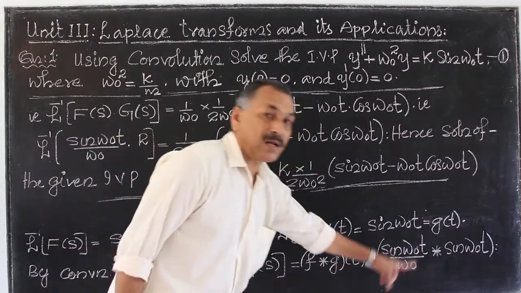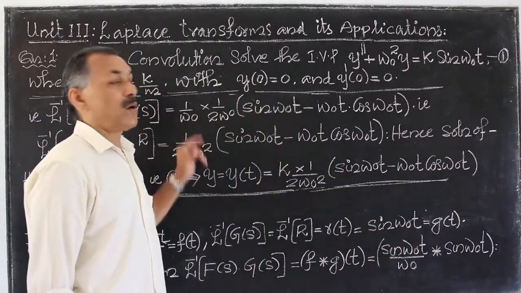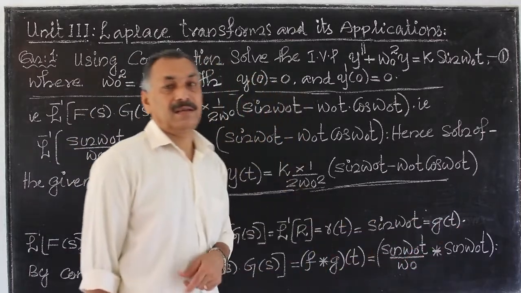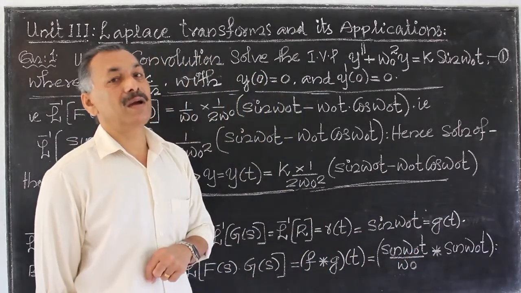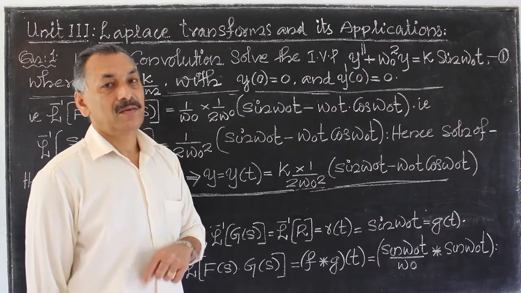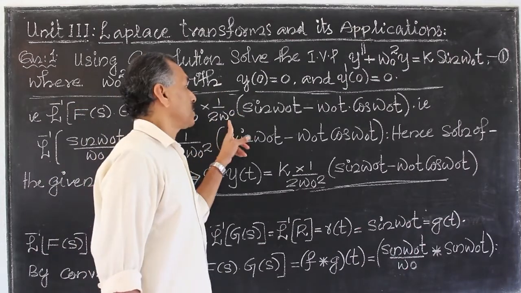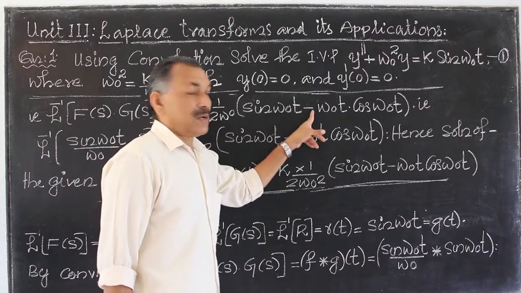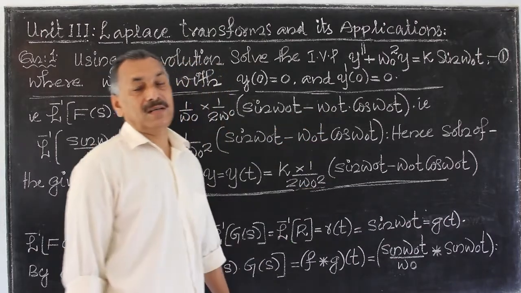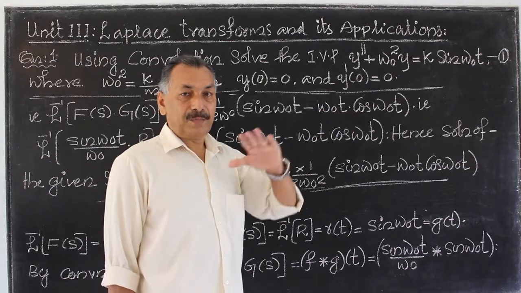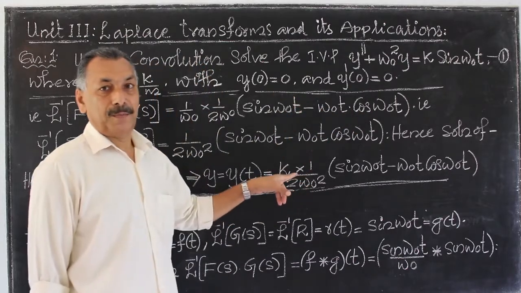1 by omega naught outside, 1 by omega naught into this sin at convolution sin at. നമ്മൾ റിസൾട്ട് ചെയ്തിട്ടുണ്ട് sin omega t convolution sin omega t. What is sin omega t convolution sin omega t? 1/2 omega square into sin omega t minus omega t cos omega t. Therefore അതിനെ വീണ്ടും റിപ്പീറ്റ് ചെയ്തിട്ടില്ല. പരീക്ഷയ്ക്ക് നിങ്ങൾ അത് പ്രൂവ് ചെയ്യണം.